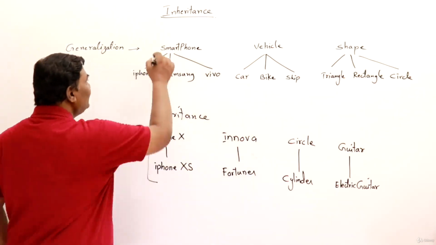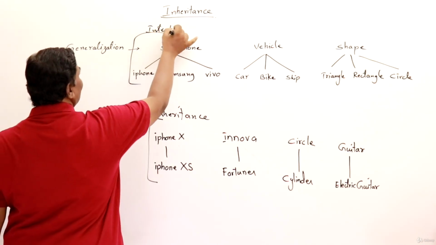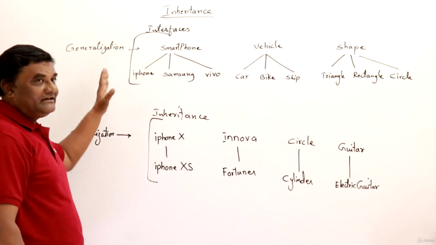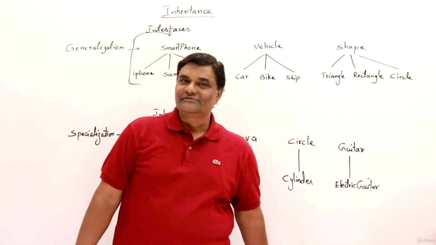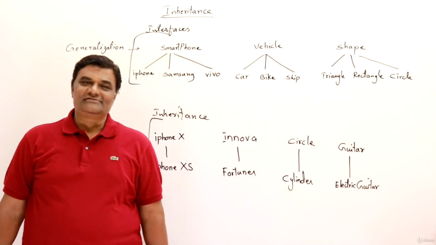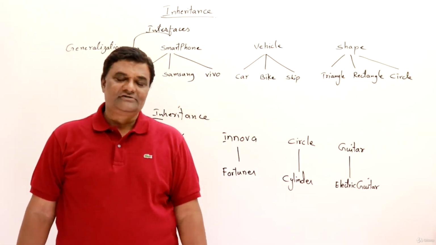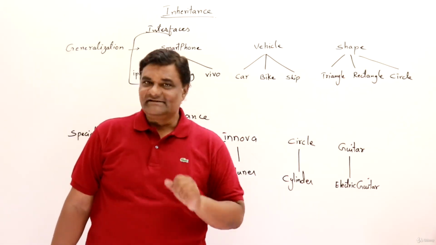Then how do you achieve generalization? We achieve this using interfaces, right? Interfaces we don't know yet, we are going to learn about them. So interfaces are used for generalization, and inheritance is used for specialization.